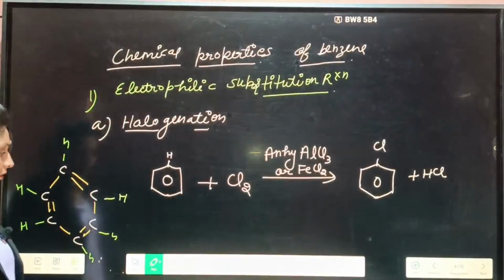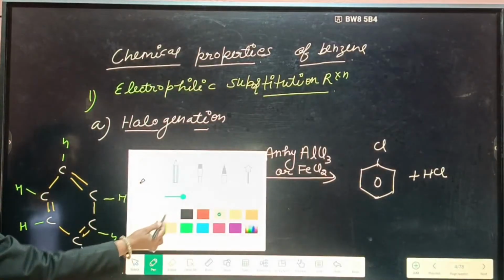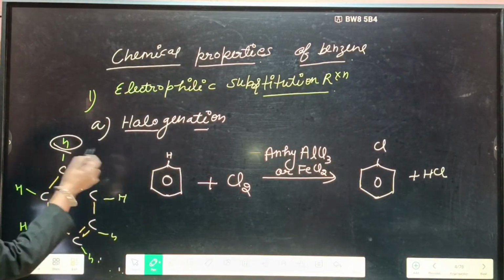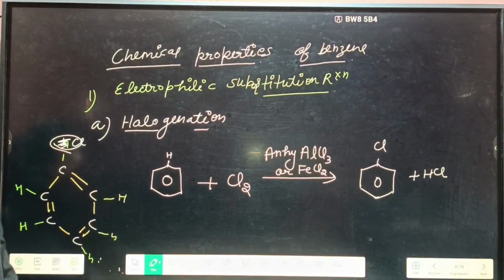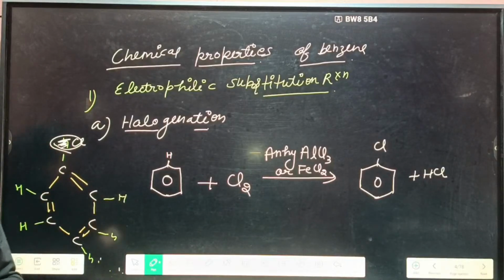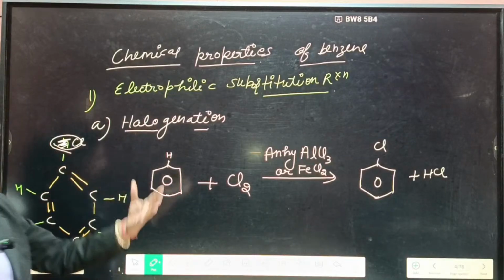So at each carbon, hydrogen is here. But here we are getting chlorine instead of this one. So here hydrogen is replaced by chlorine. And this one is the electrophile. How, I will explain.